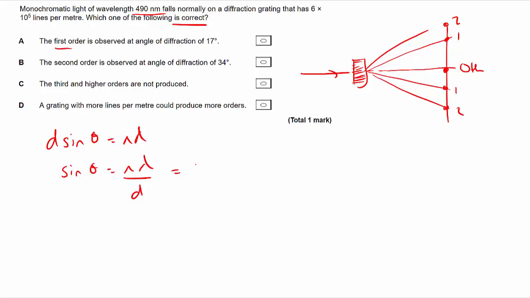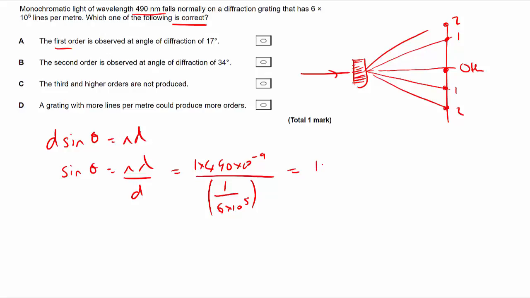So n is 1, times 490 times 10 to the minus 9 meters, divided by d. I can't put in 6 times 10 to the 5, I have to put in 1 divided by 6 times 10 to the 5, which simplifies to inverting this and bringing it up.